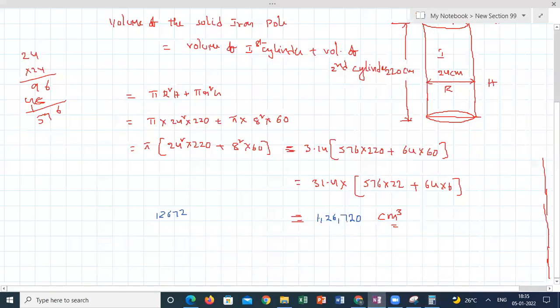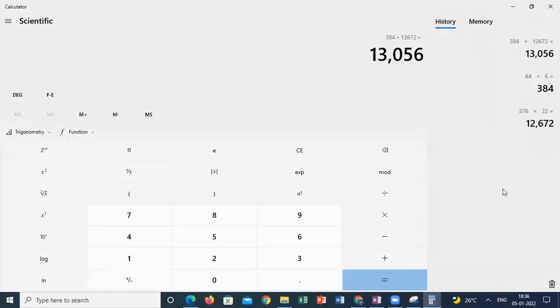13,056. So the total volume is 13,056. Now we have to multiply by 31.4. 13,056 into 31.4.